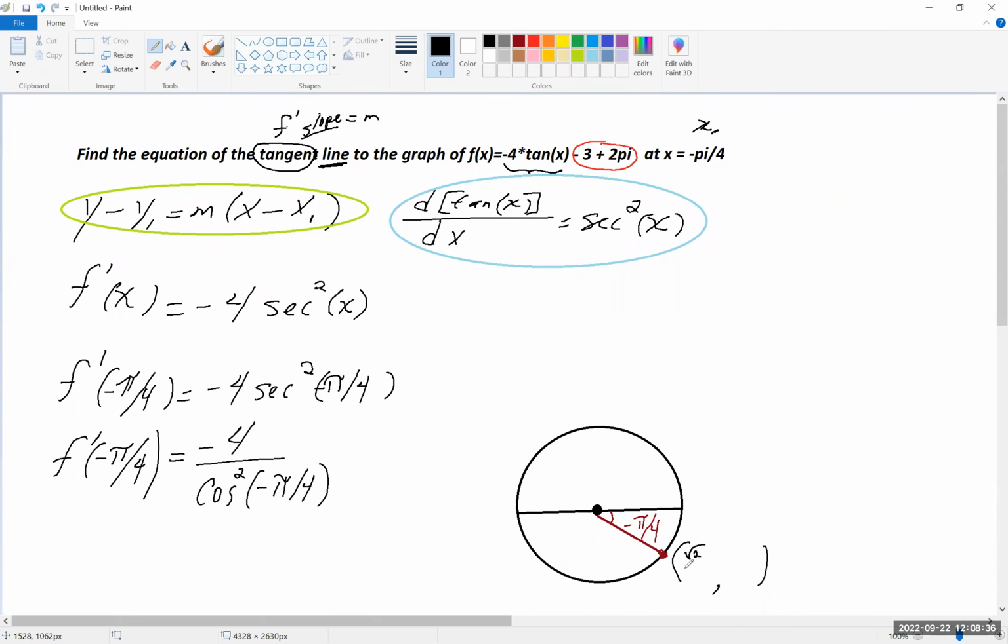But the point there, for the unit circle on a coordinate axis, is √2 over 2, that's the x coordinate, and minus √2 over 2.